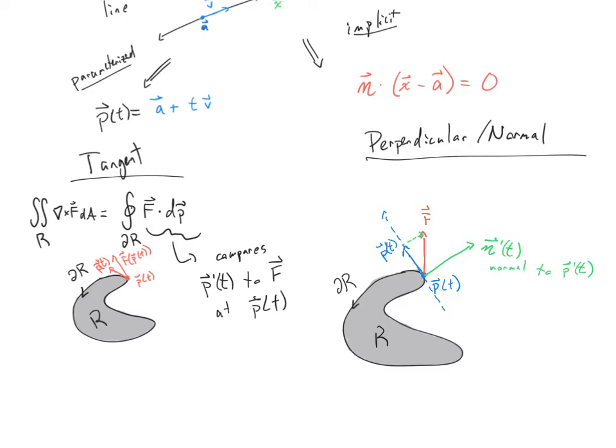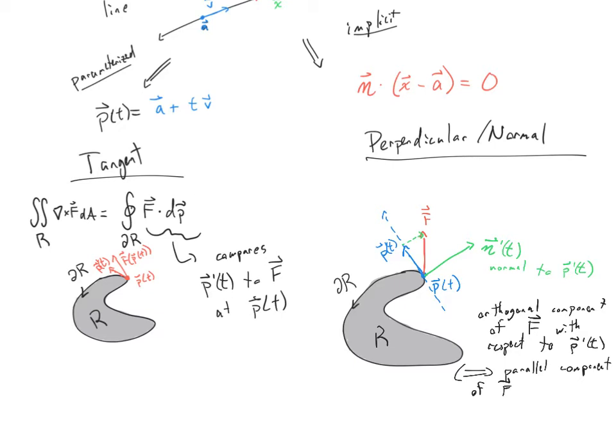So if we ask for the orthogonal component of F with respect to P prime, that's the same as asking for the parallel component of F along N. And so in some sense, what this would be measuring is not how much of F is flowing along the curve, like on the left.